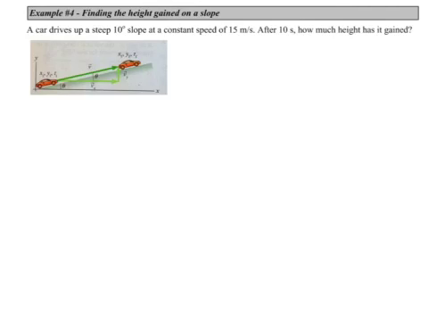We're saying this car is basically driven at a constant velocity straight up by looking at the y velocity. Its total velocity is 15 meters per second up this ramp. The ramp is a 10-degree angle, and what we're looking for is the height that it's gained. How high up the ramp is it?